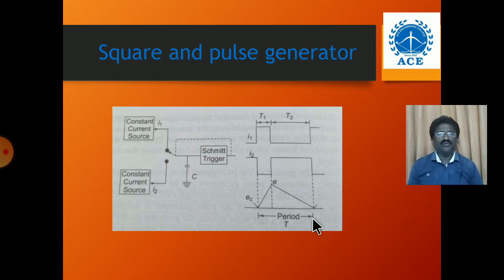The output of the Schmitt trigger is applied to the 600 ohm and 50 ohm output amplifier. The duty cycle of the output waveform is determined by the ratio of currents I1 and I2 and is controlled by the symmetry control.